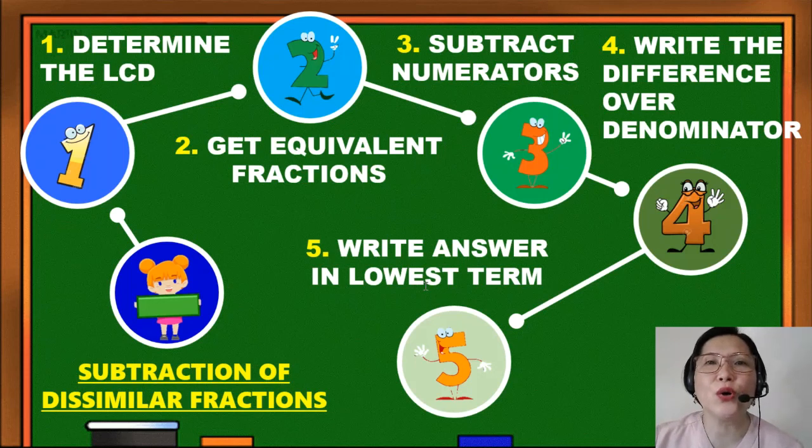Now that you know how to add and subtract similar and dissimilar fractions, I think you are now ready to apply them in solving word problems. So that will be the next topic that we're going to have. Good luck on answering your module and activity sheets.